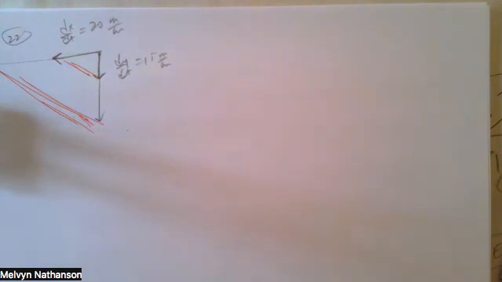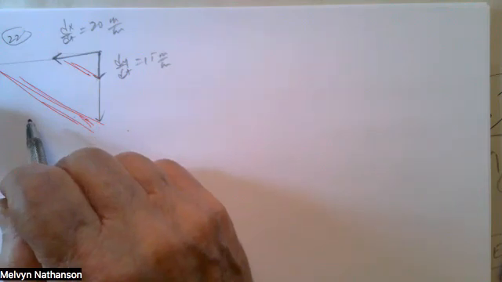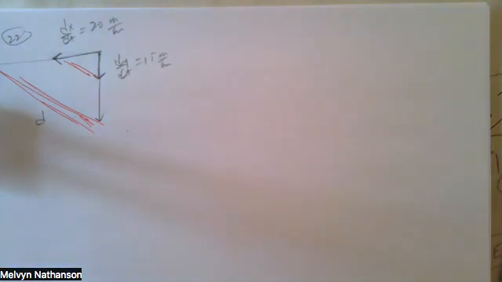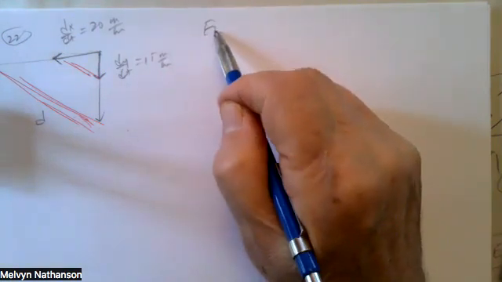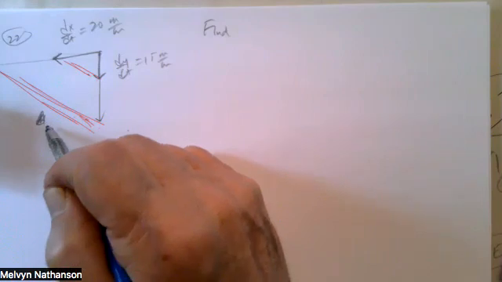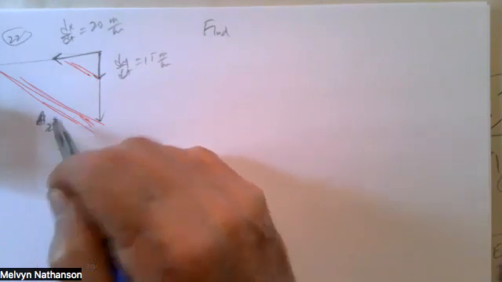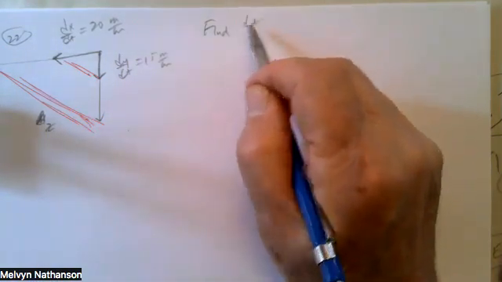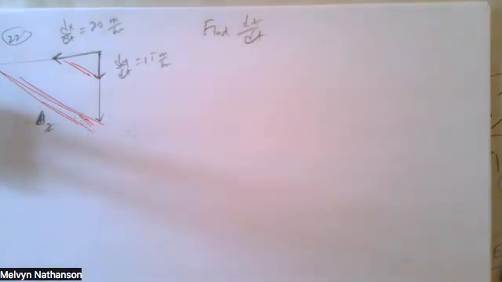Let's call this Z. Find dz/dt. Z is the distance between the two boats at any given time.